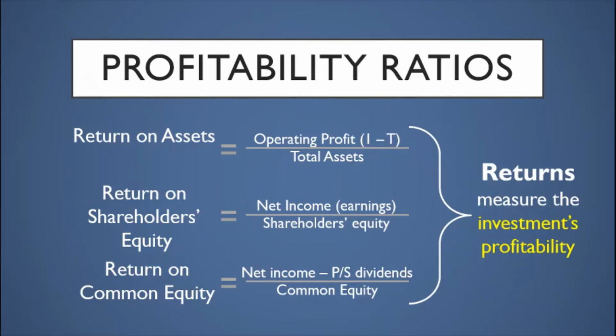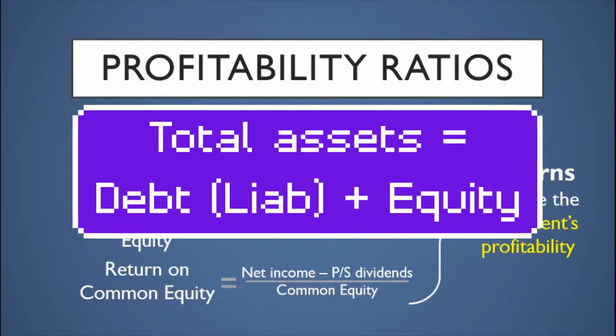Take note that we have a different profit measure in the numerator for each of these ratios. This is to be consistent with their denominator. For example, total assets are funded by both liabilities and shareholders' equity.